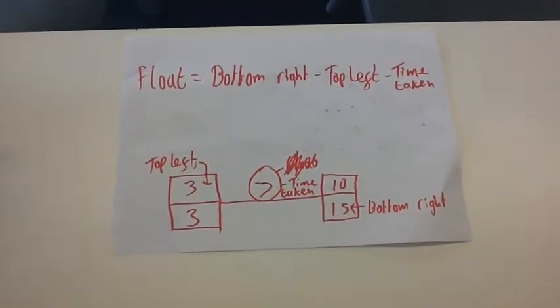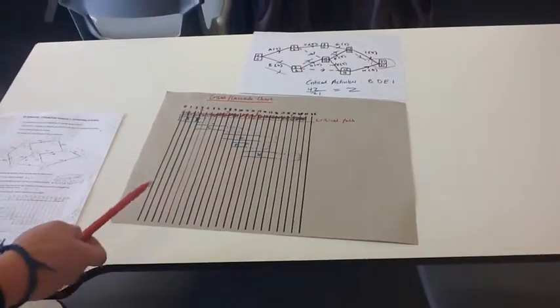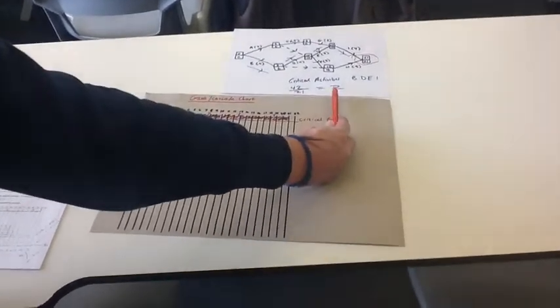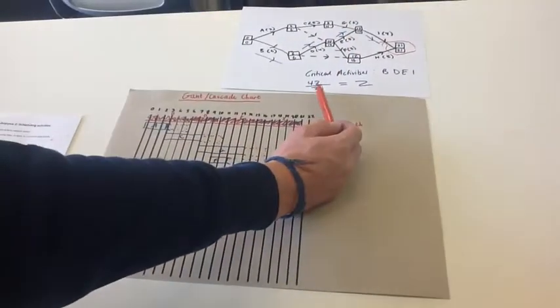And then that's just showing how that links to that, because these two are linked. And then the critical activity, the workers thing, is the total sum divided by the critical path.